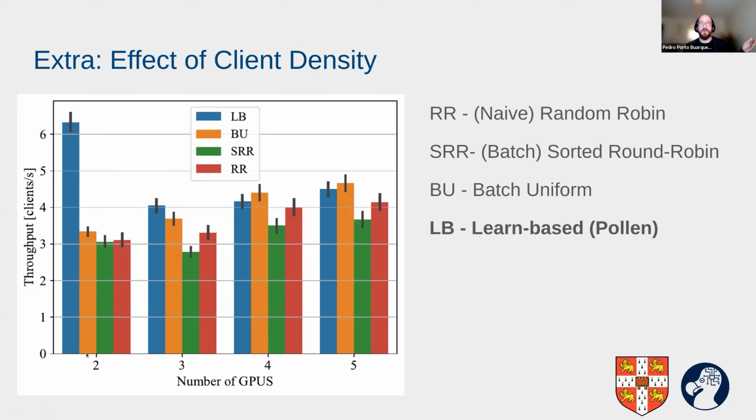So if your total number of GPUs is 2, that's where you really see a great throughput on this learn-based approach by Pollen. As you dilute this, as you buy more hardware, but you keep the same number of clients, you start saying that, okay, it won't matter so much.